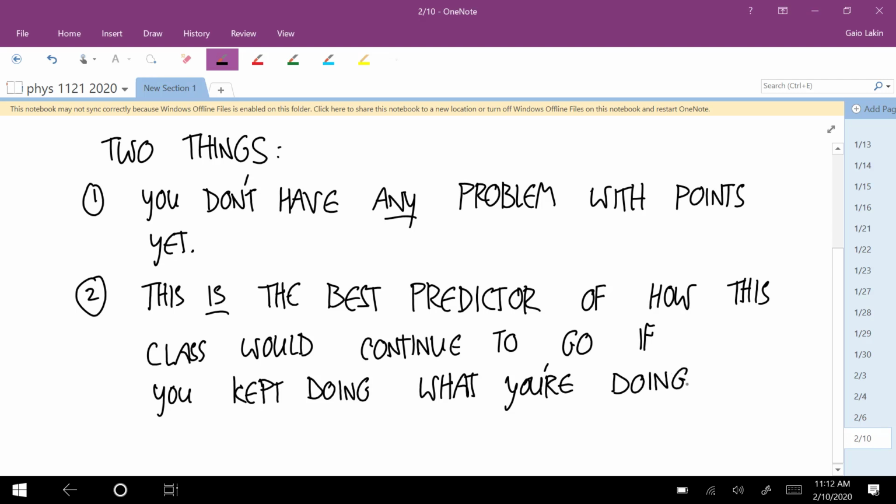And I would say 20 is a pretty good cutoff for being in the ballpark of a C and above versus being in danger of heading on a path towards getting a D or an F.